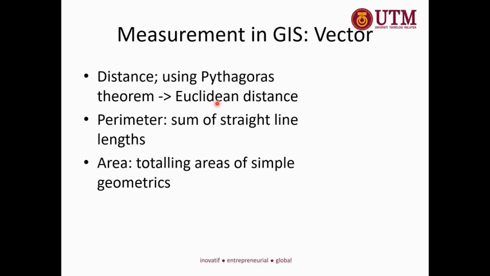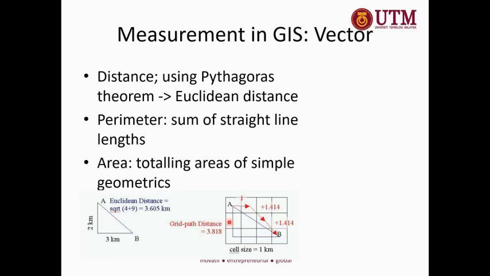From the distance we sum all the lines. For example, the distance from A to B we can get from the equation previously: the square root of 4 plus 9, and then we get 3.605 kilometers for A to B. And then for the perimeter, A to B is combined with the 3 kilometers and also 2 kilometers. That's how the perimeter is calculated.